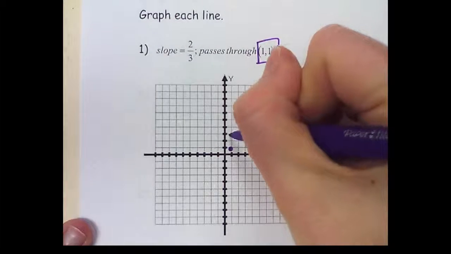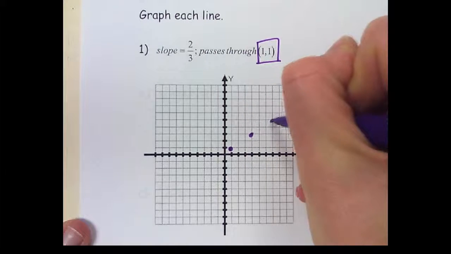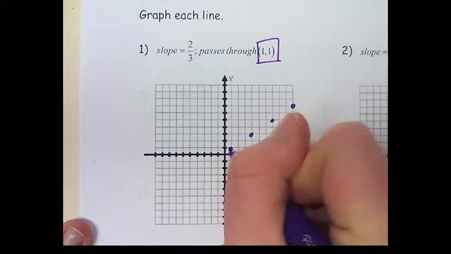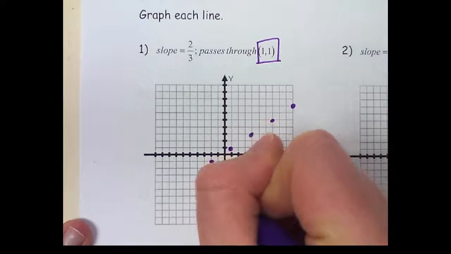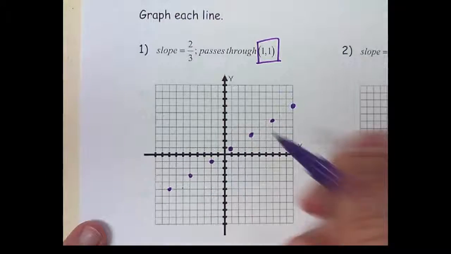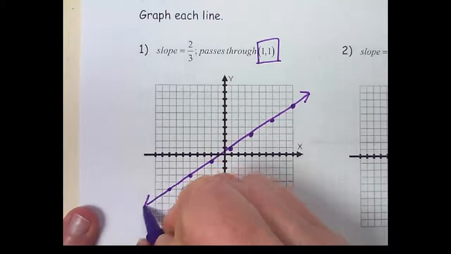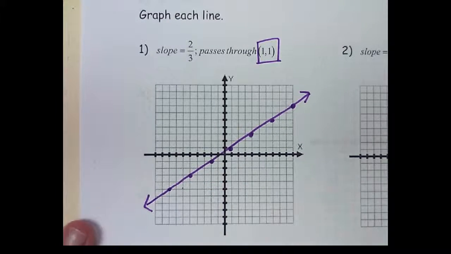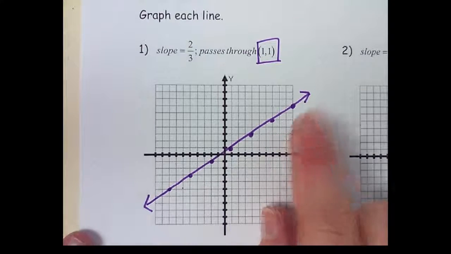Or rise 2, run 3. Up 2 over 3. And then from there I can also go down to left 3. Make sure that your line has arrows on both ends because the domain and range of a linear function is all real numbers. So make sure you show that when you graph it.